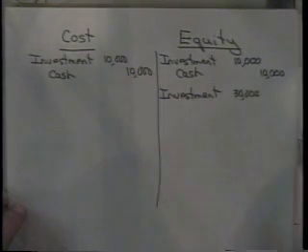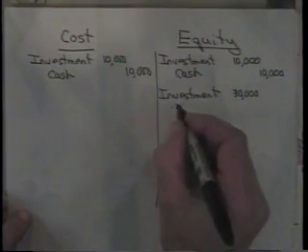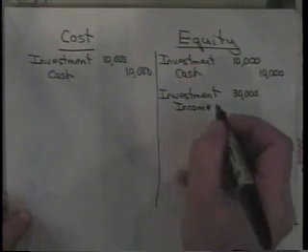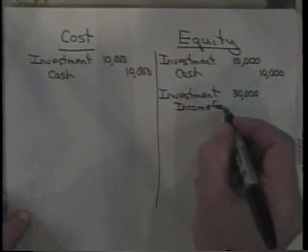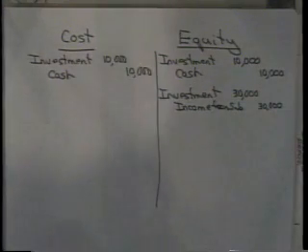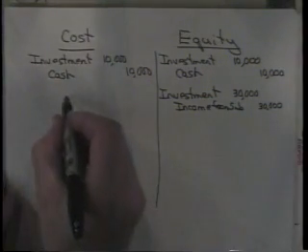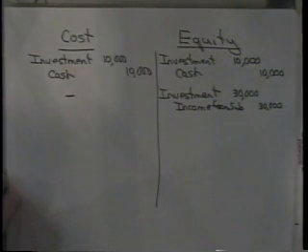I own 30% of the company, so I get 30% of the profits, and I would have income from this sub of $30,000. So when the sub earns money, I earn money. They get a profit, I get a profit. Very simple process. Nothing happens over here when that takes place.